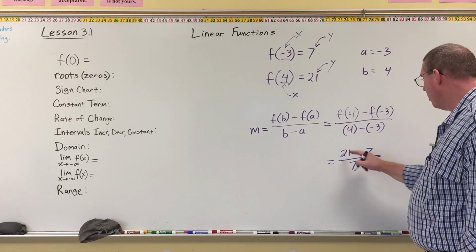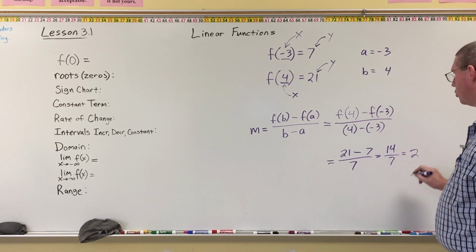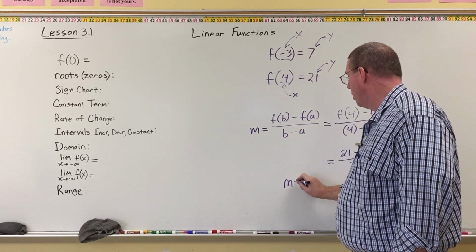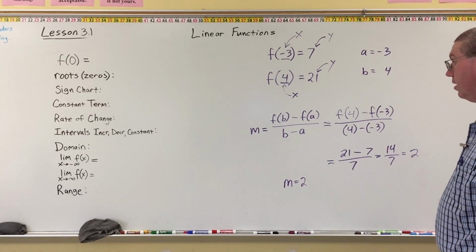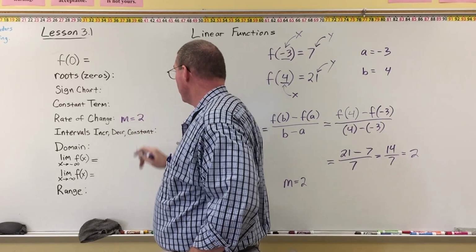And now 21 minus 7 is 14, divided by 7, and that's equal to 2. So with just these two pieces of information, we were able to find that the rate of change for this linear function is 2.